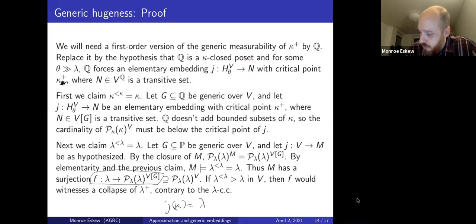And if this has size at least lambda plus, then it would collapse lambda plus. But we're assuming that the lambda CC holds.